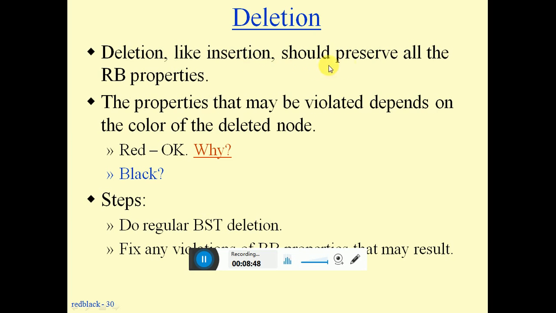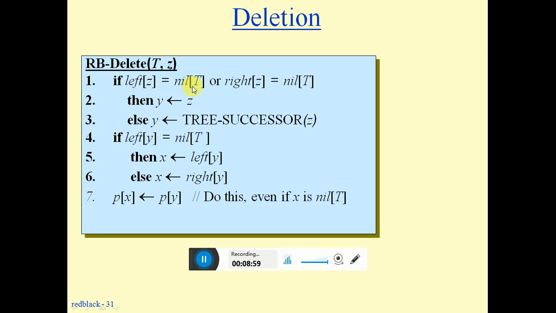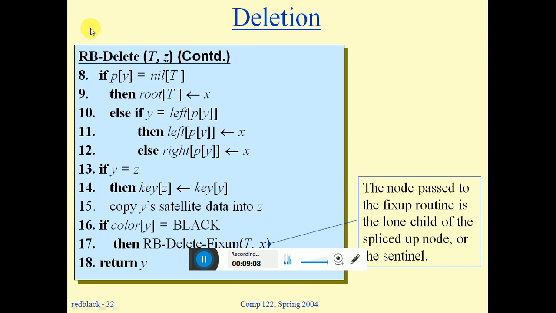Deletion, like insertion, should preserve the red-black properties. The property that is violated depends upon the color of the deleted node, red or black. Steps follow BST deletion: if left of z is nil, transplant the right child, else if right is nil, transplant the left child; otherwise find the successor y and adjust p of x and p of y.